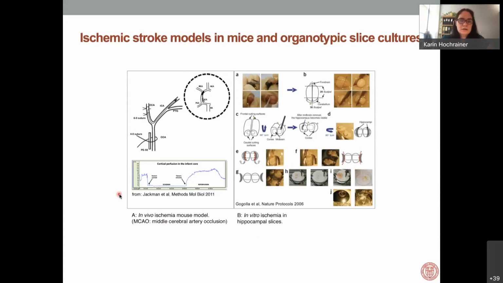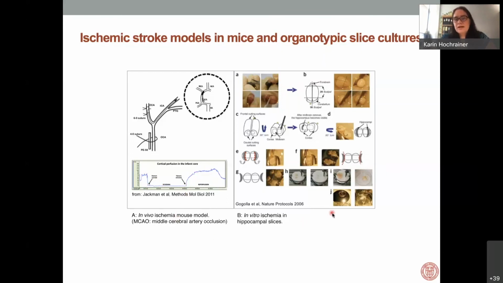And here in this example of laser Doppler flow, you can see this leads to very effective reduction of cerebral blood flow, shown here, and then it remains low for whatever time you would like to keep the filament in. And then once the filament is retracted, you allow for reperfusion. So this is one model we are using, and it's a very popular model actually being used in many labs.